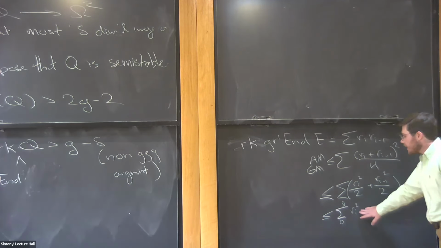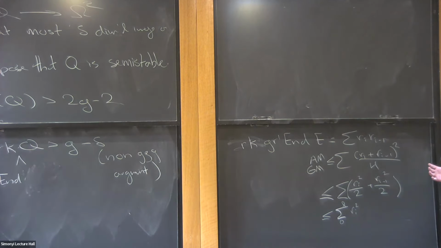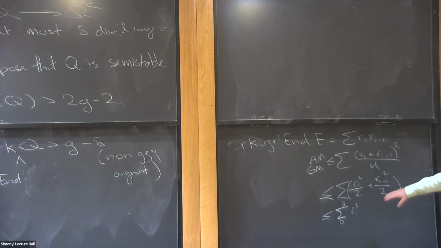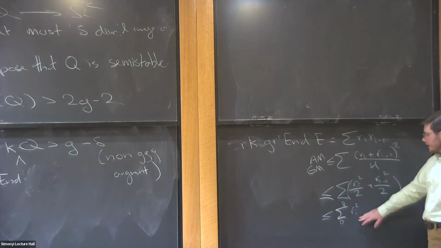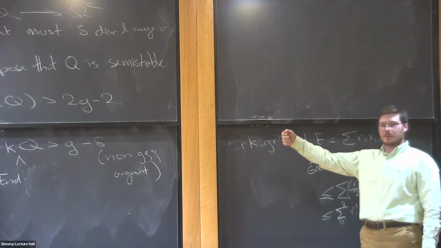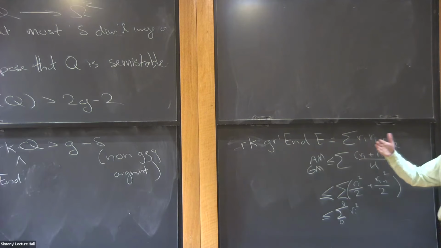Okay. Well, how big can this be? You can do just a little smoothing argument to show that it is going to be the largest when you concentrate as much of the rank as you can at just one graded piece, and everything else just has rank 1.